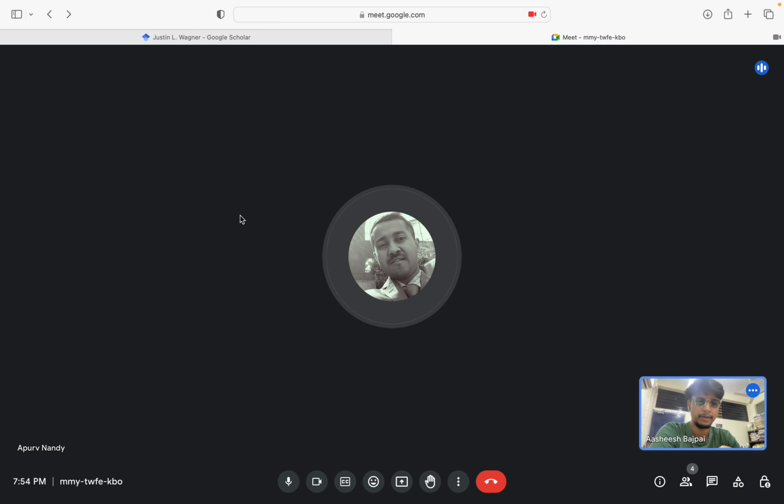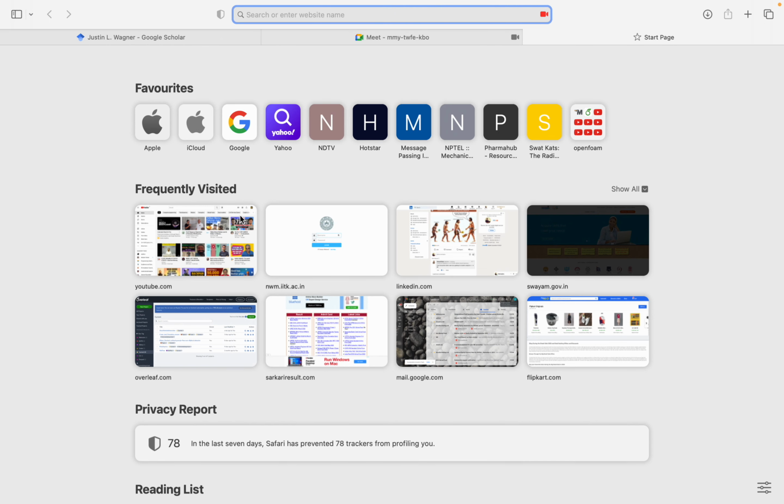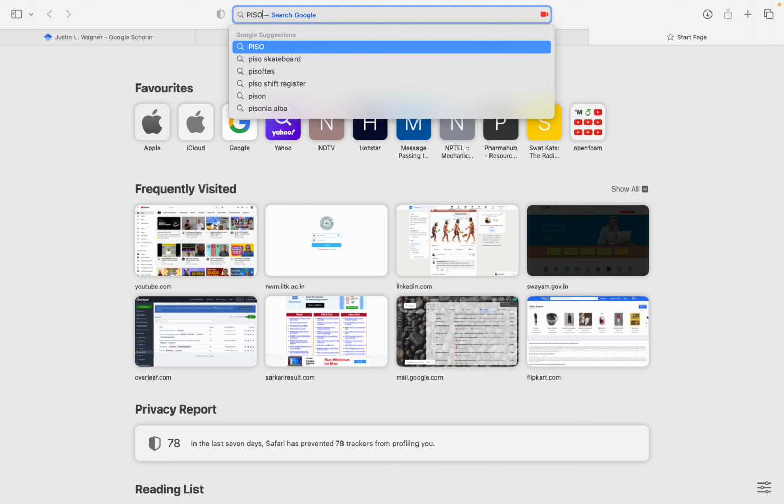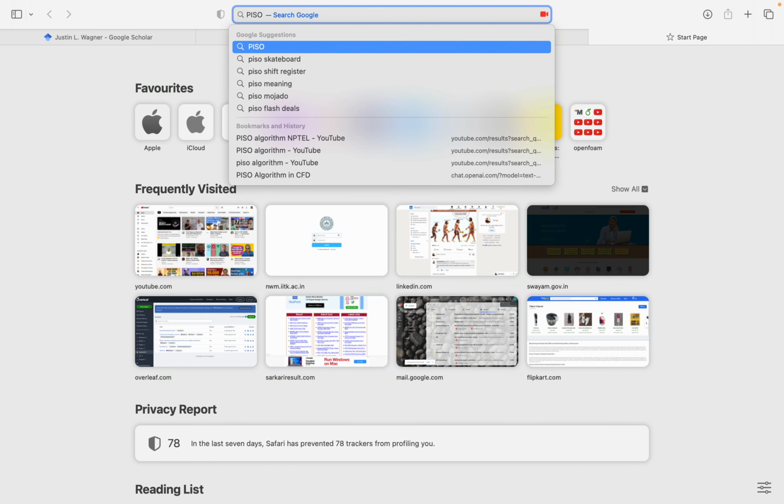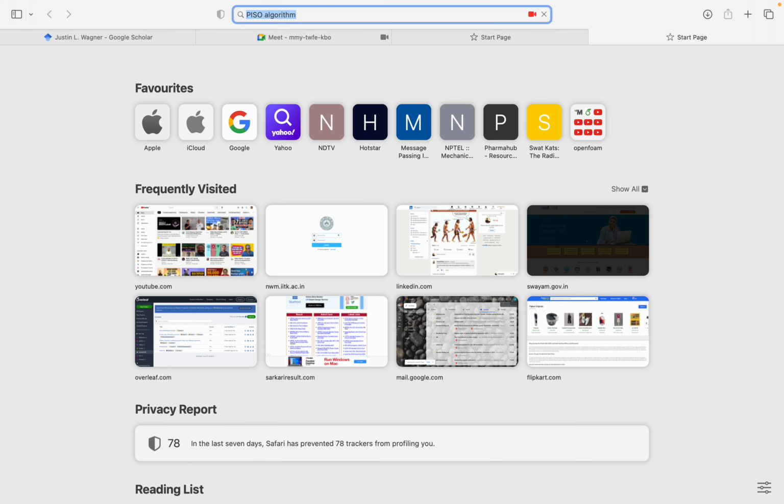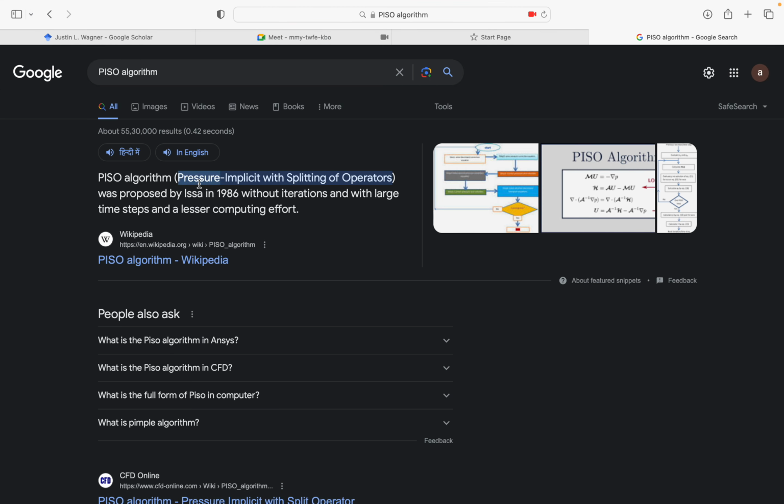Those are completely different. PISO and PIMPLE are the advanced versions of the SIMPLE algorithm. In SIMPLE revised, some more implications are there, and in PISO you split the operators. So this much I can tell you.